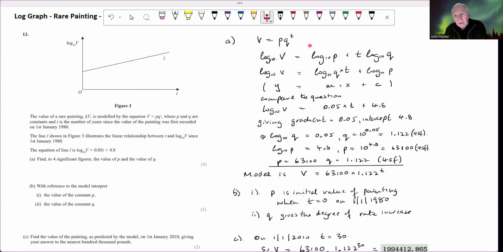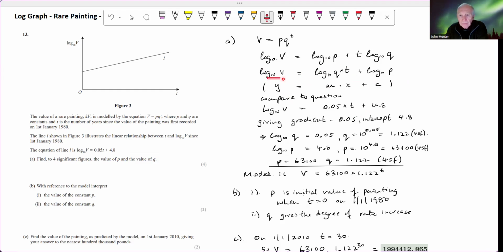Then using another log rule, log of Q to the power of T is going to be T times log base 10 of Q. So I hope you can remember that. If not, then you'll have to consult another video on that. Right, so if we rearrange that, just switch the terms around, we can see that it compares very nicely to y equals mx plus c.